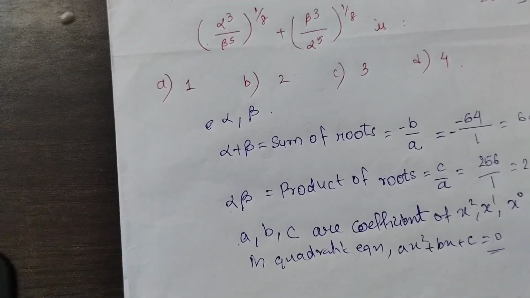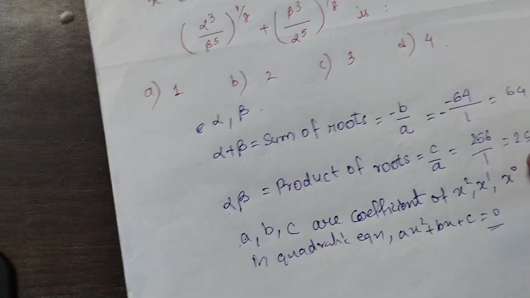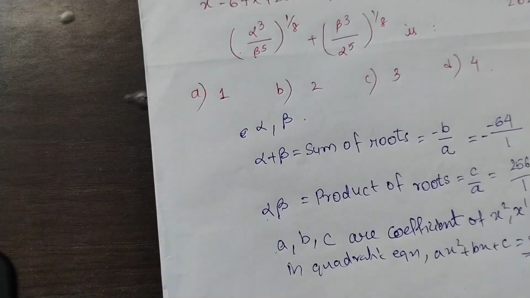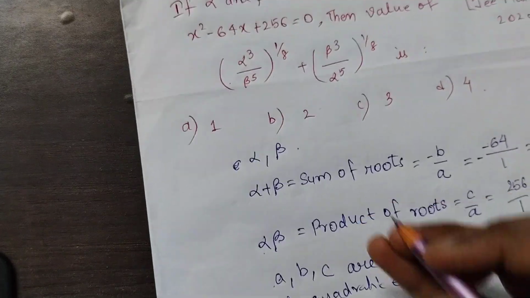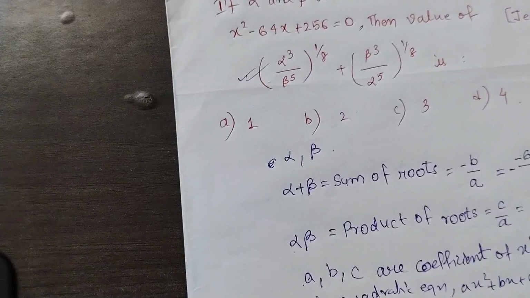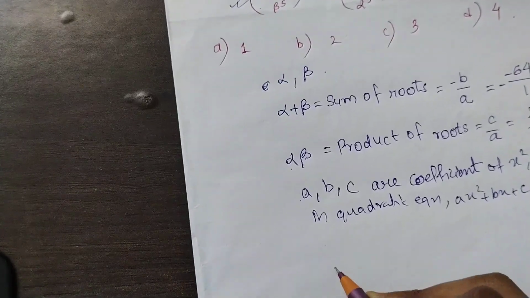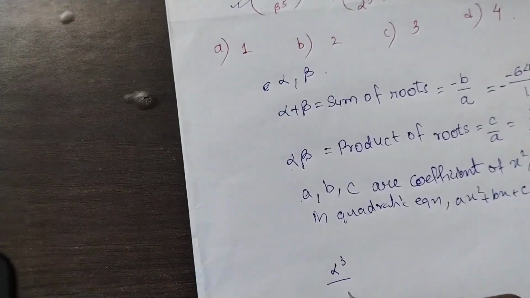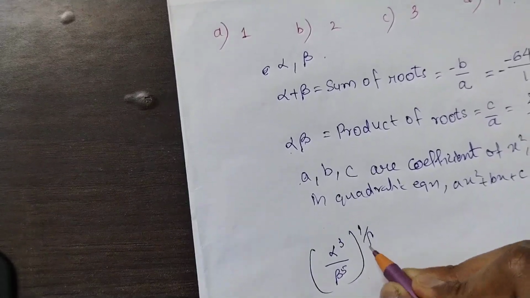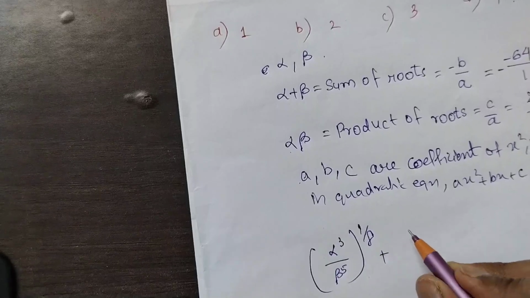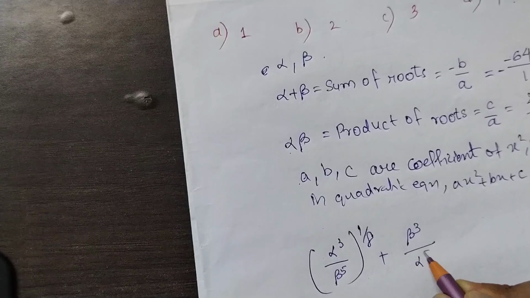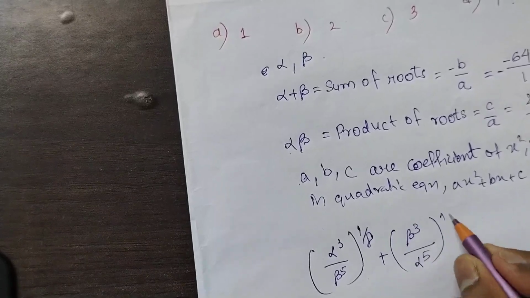Now we need to use this sum of the roots and product of the roots. Let me write the expression: (alpha cube by beta to the power 5) to the power 1 by 8 plus (beta cube by alpha to the power 5) to the power 1 by 8.